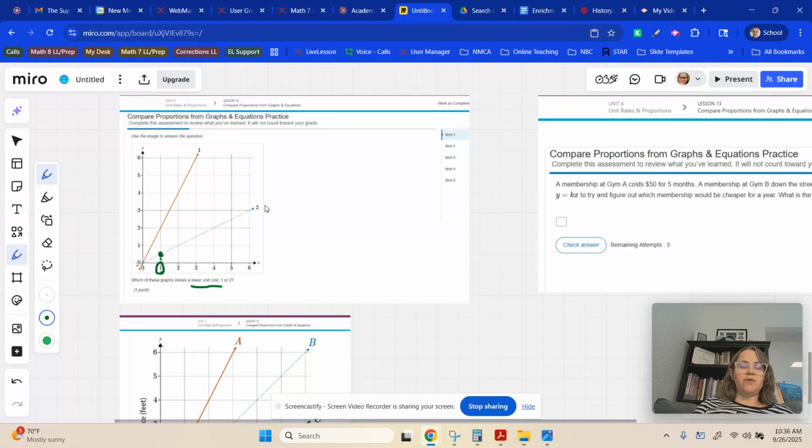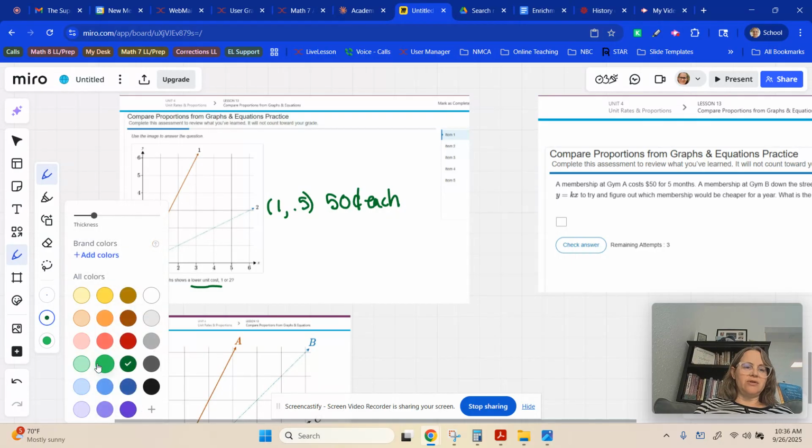So for price 2, I'm looking at x is 1 and y is 0.5 or 1/2. Okay, and so this would mean that they're 50 cents each, basically. 50 cents each. Let's look at graph 2.